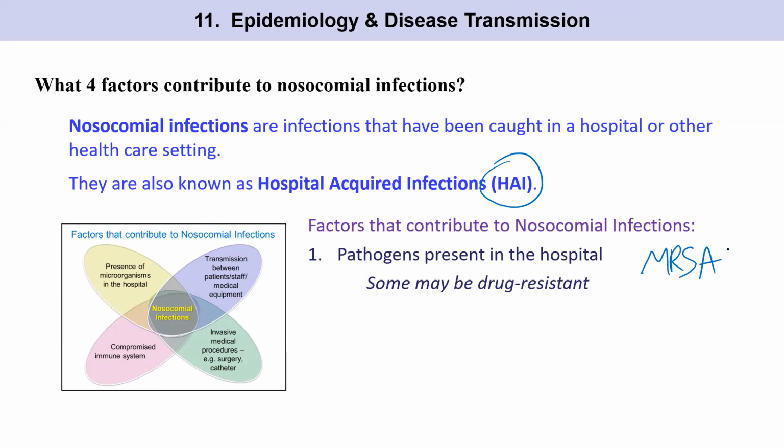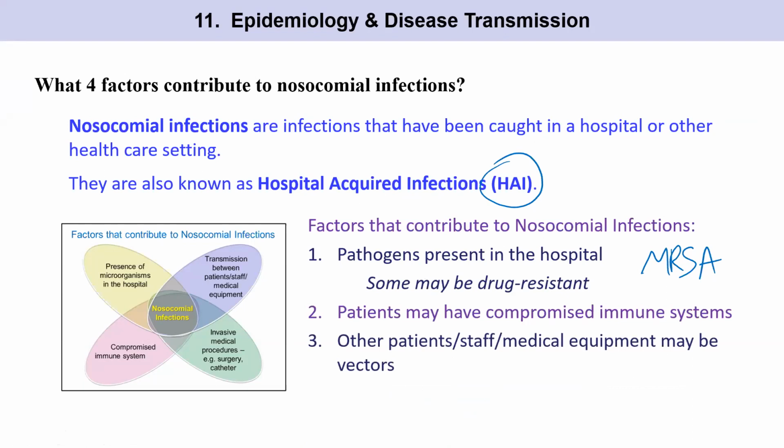MRSA, for example, is a big one. Second, patients with compromised immune systems: people may be there because they have pneumonia, or they may be in intensive care because they're old or newborn, premature. Organ transplants, diabetes, all sorts of things may compromise someone's immune system.